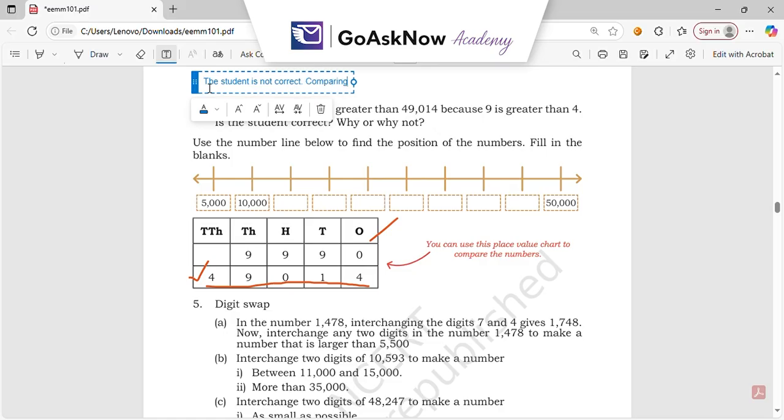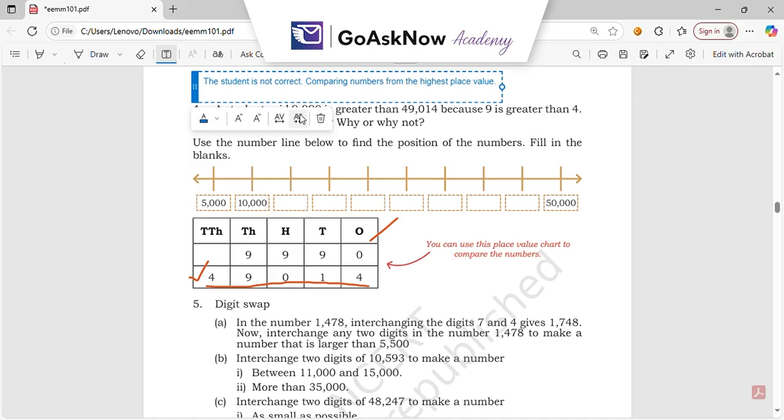as comparing numbers from the highest place value. 49,014 has 5 digits and 9,990 has 4 digits.